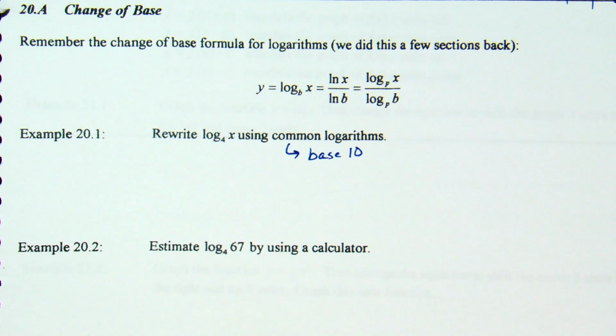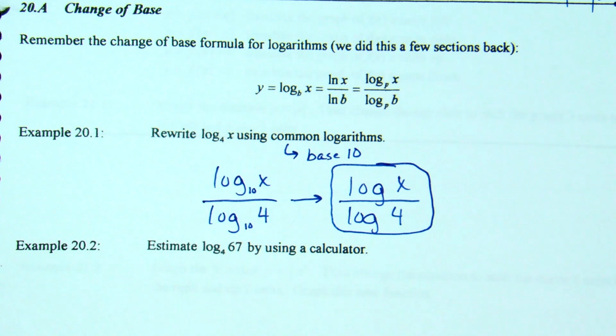Example 2. Estimate log of 67 base 4 by using a calculator. Notice it says estimate. Officially, what do I want you to tell me here? That you should be putting in what? 3.033.